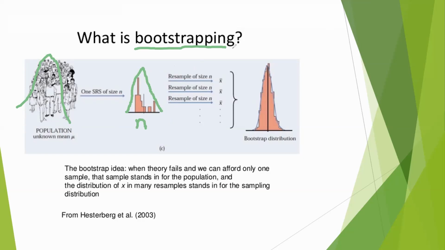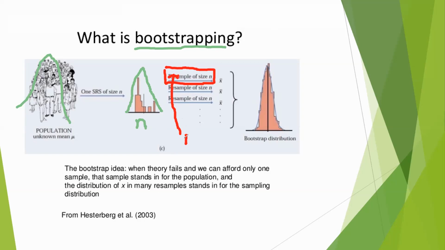So let's look at this. How do we generate the first resample of size n from this single sample of size n? From this sample, we randomly take one individual to form the first value in this resample.